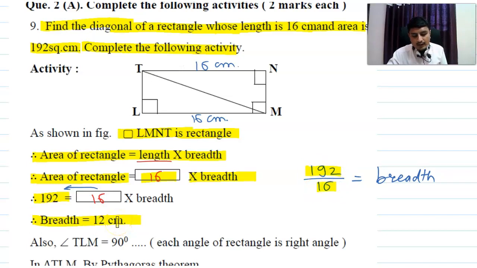So the breadth of the rectangle is 12. That means TL is 12 centimeter, which is the same as MN, 12 centimeter.